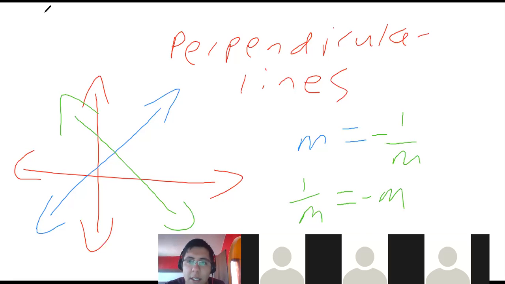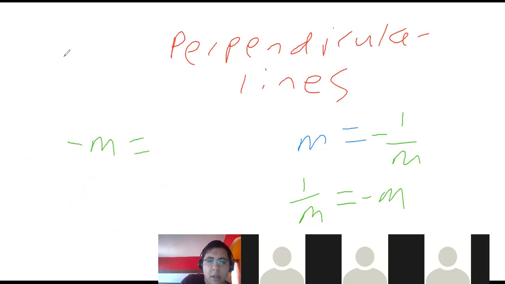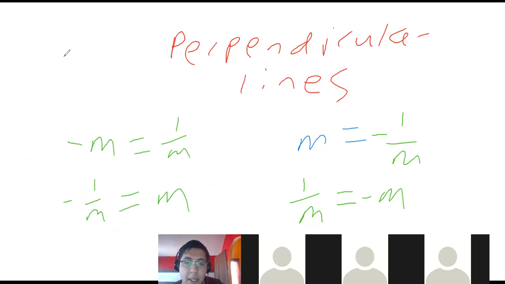And of course, this works the opposite way as well. Let's say I had negative m. What would my perpendicular line be? 1/m. Yes, a positive 1/m. And if we had negative 1/m, then our perpendicular line has to be positive m. Okay, that makes sense?